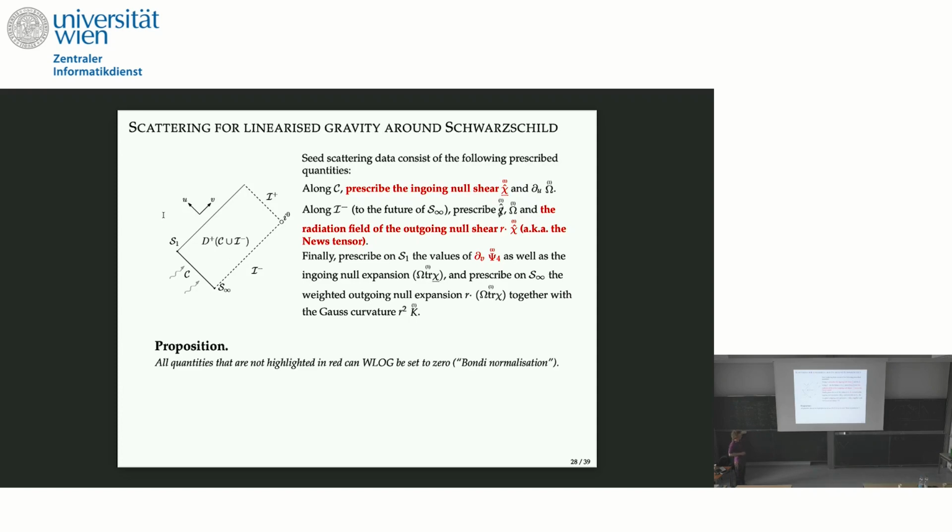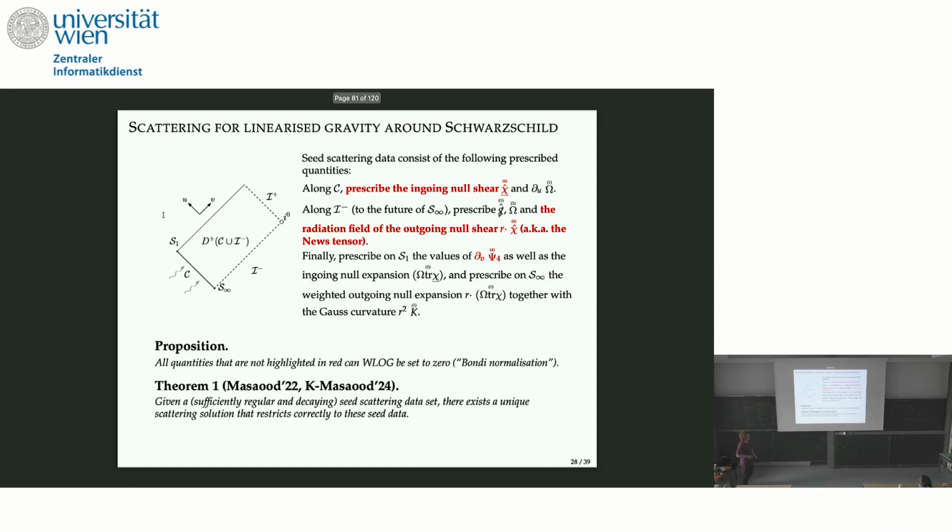This is, in spirit, very similar to Bondi normalization. For instance, part of the data would be to specify the Gaussian curvature here, but it turns out that you can always set the linearized Gaussian curvature to 0, making the spheres round, things like that.